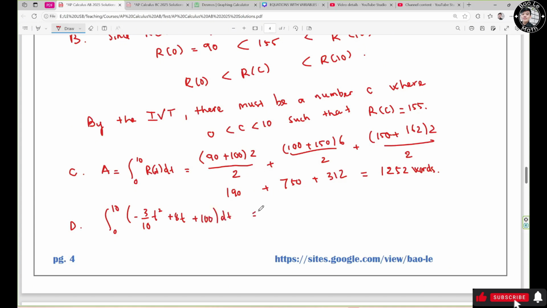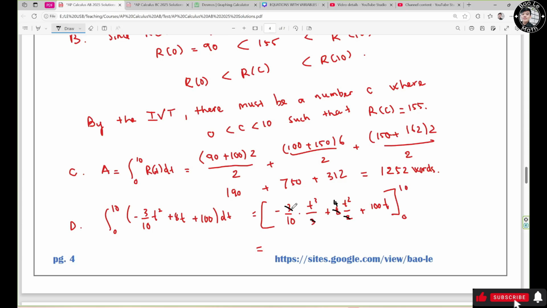So it's going to be negative 3 over 10 times t to the power of 3 over 3, plus 8 t squared over 2, plus 100 t, evaluated from 0 to 10. Now you need to simplify this one. The 3 and 3 cancel out, and 8 divided by 2 is going to be 4.